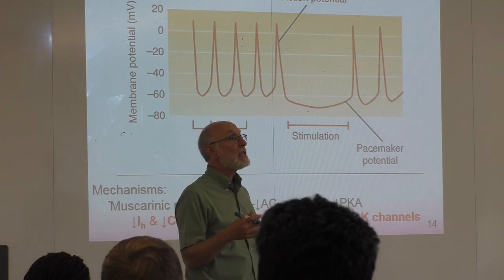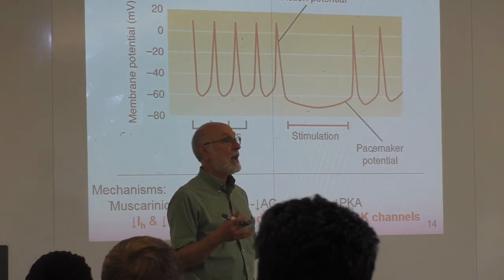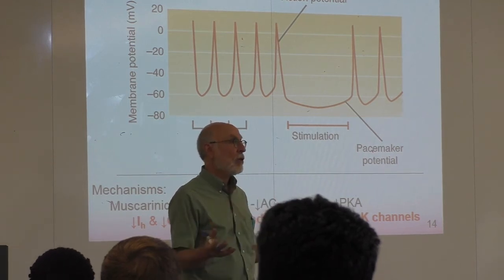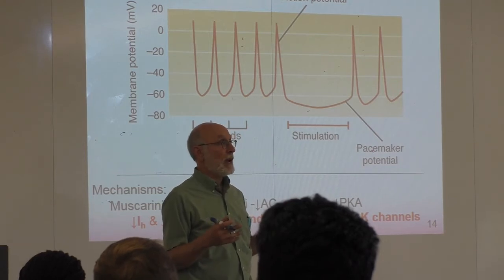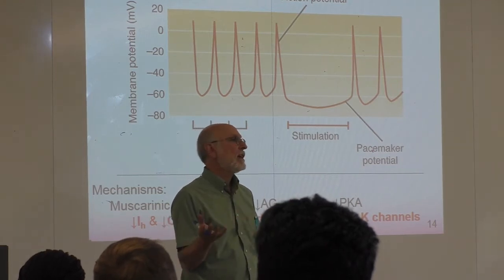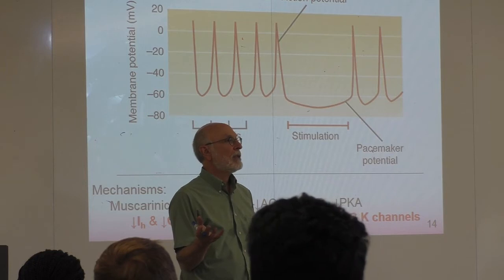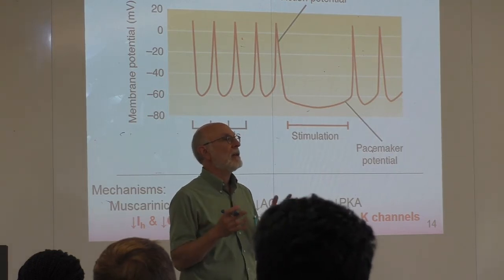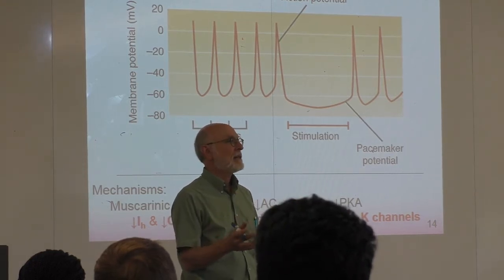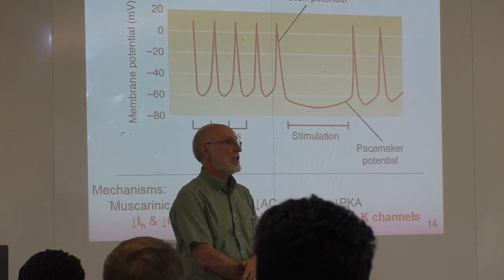The one thing the pacemaker cells can control is the rate. They can't control the strength, but they can control the rate. So they increase the rate, but the heart is failing, and eventually increasing the rate doesn't have any effect. Now we're talking about a heart stop.